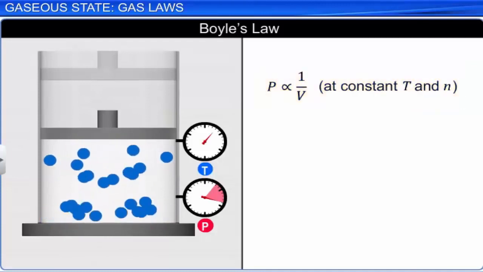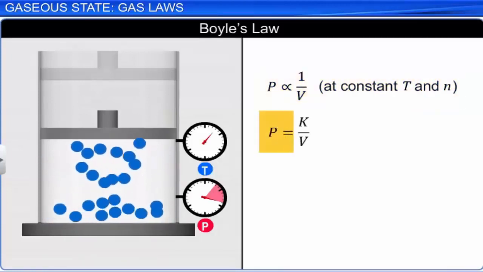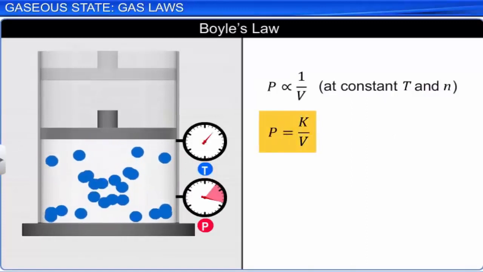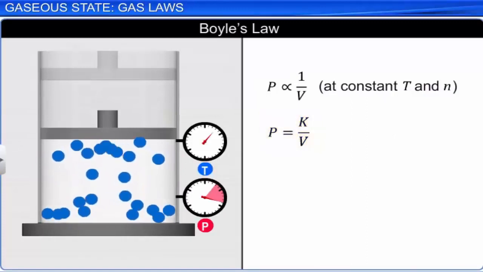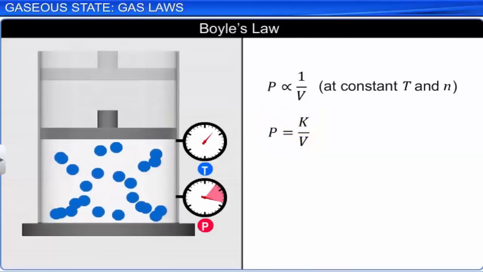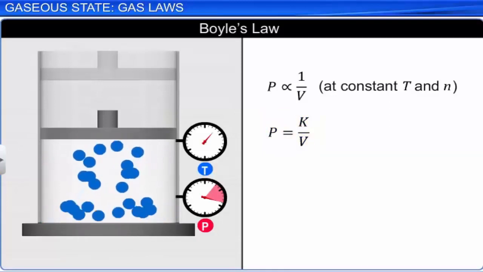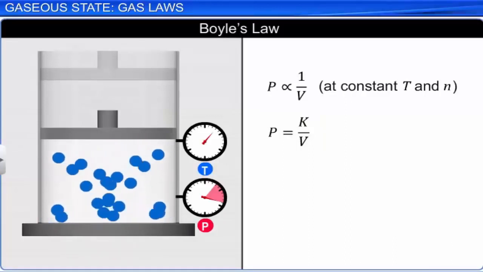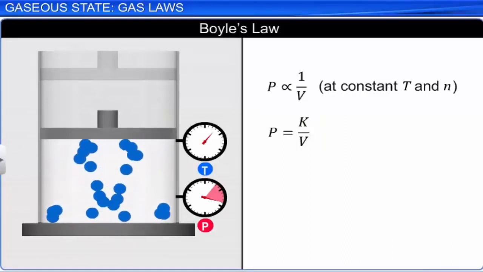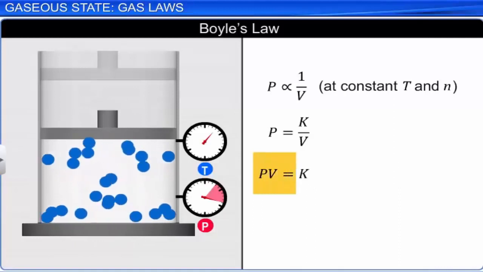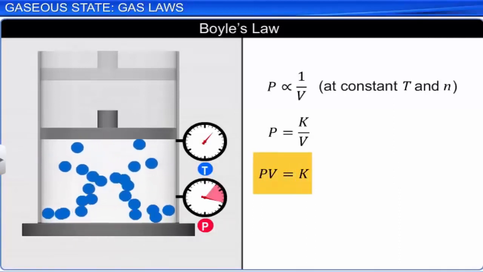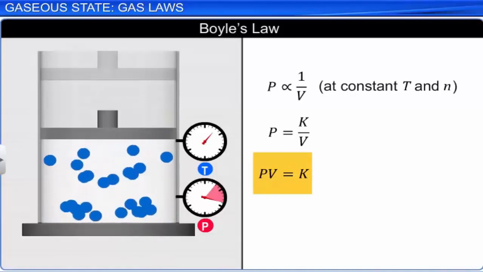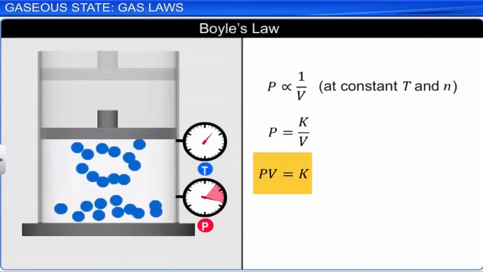Or P = K/V, where K is a proportionality constant, whose value depends on the temperature and number of moles of the gas. On rearranging the equation, we get PV = K. Or, in other words, at constant temperature, the product of pressure and volume of a fixed amount of gas is constant.